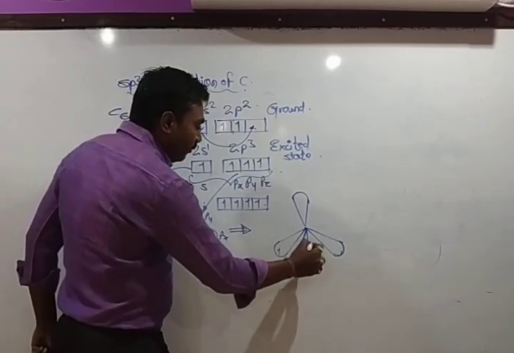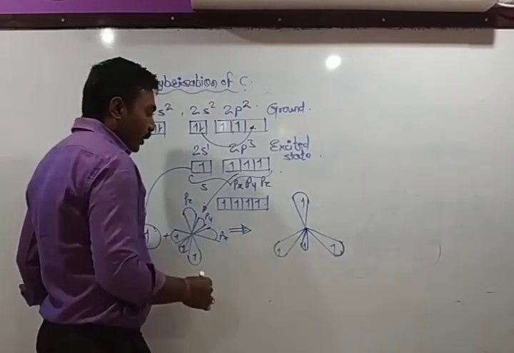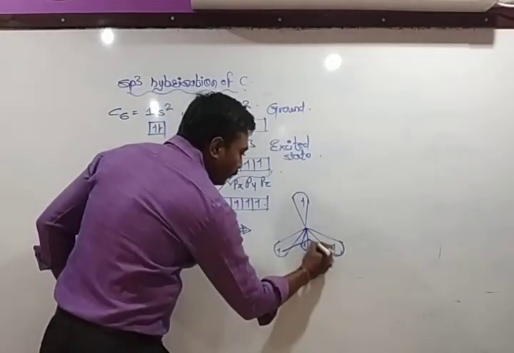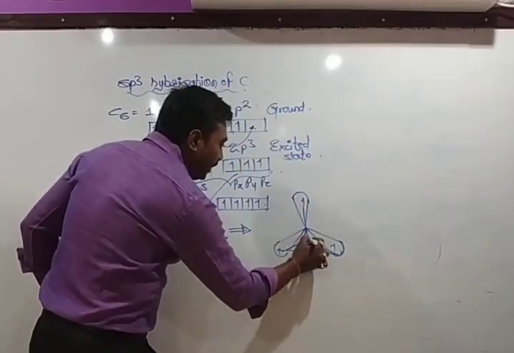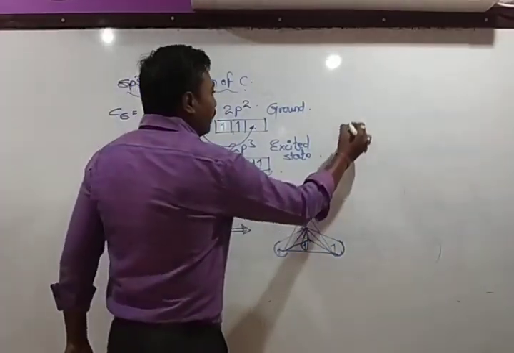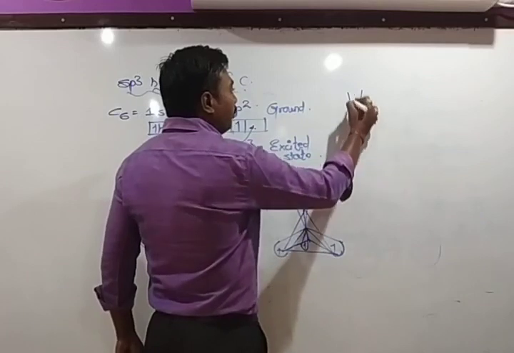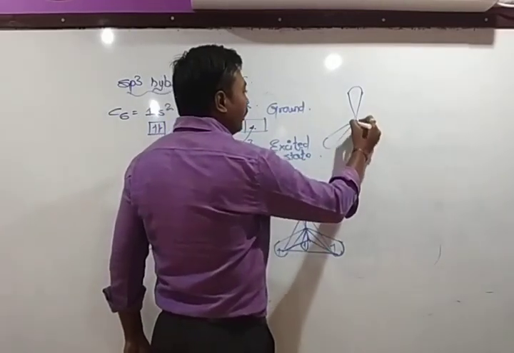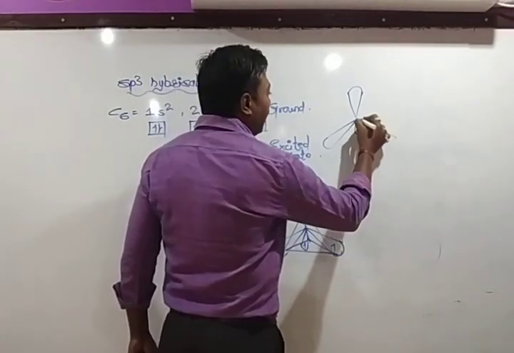All contain 1 electron. If we join the corners, we get a tetrahedral arrangement. This is the sp3 hybrid carbon atom.